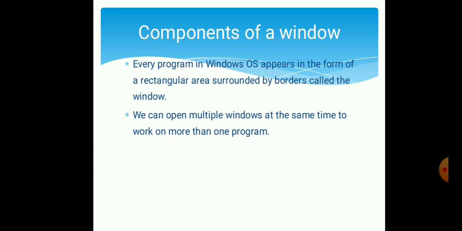We can open many windows like this: Paint window, Word window, Google, where you can search something on the internet, listen to music, or watch videos. Likewise, we can use many windows for many purposes.